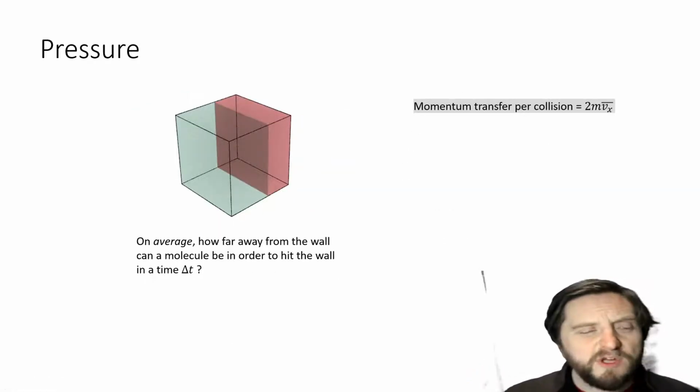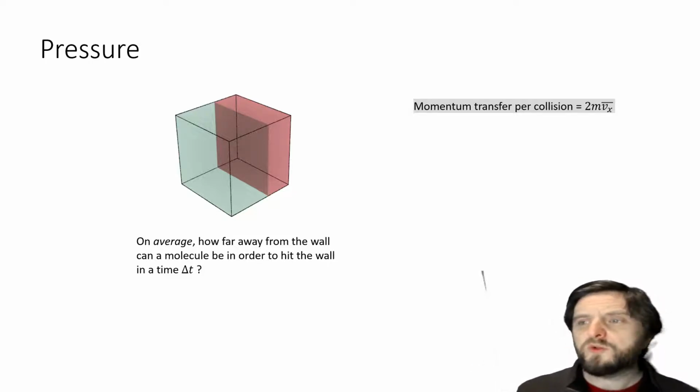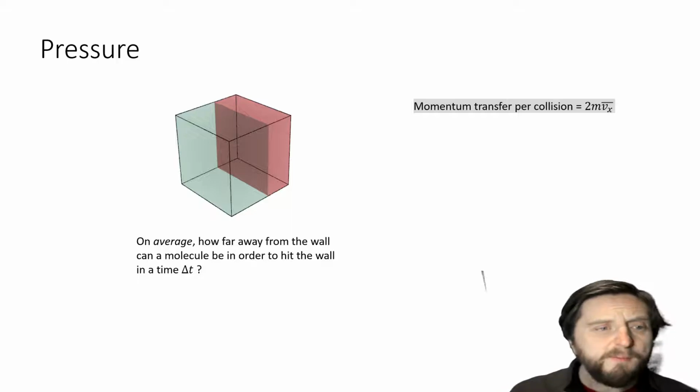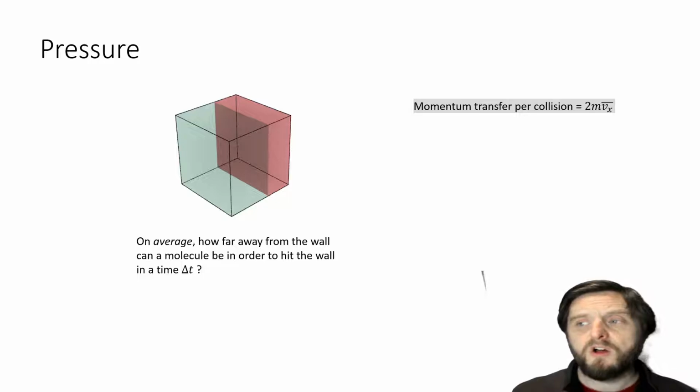So if we're going to work out the amount of force that corresponds to, we need to also know how many of those collisions are going to happen within a particular amount of time. Let's call that time delta t. So on average, how far away from the wall could a molecule be and still hit the wall in that time?